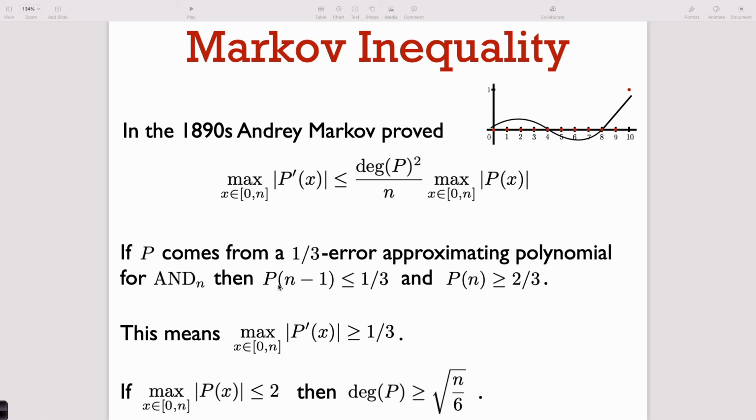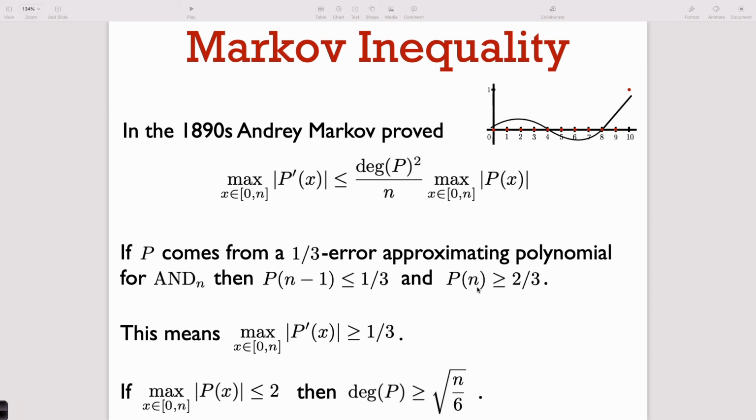Okay, so let's first think about the derivative of our approximating polynomial. We know that at the point n minus 1, the polynomial is going to be at most 1/3, right? Because f, the AND function on an input of Hamming weight n minus 1 evaluates to 0.